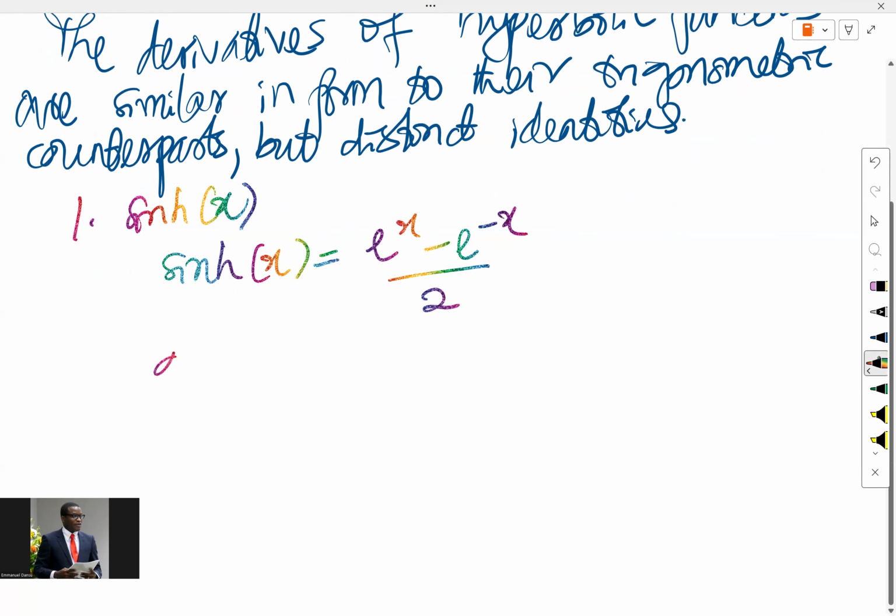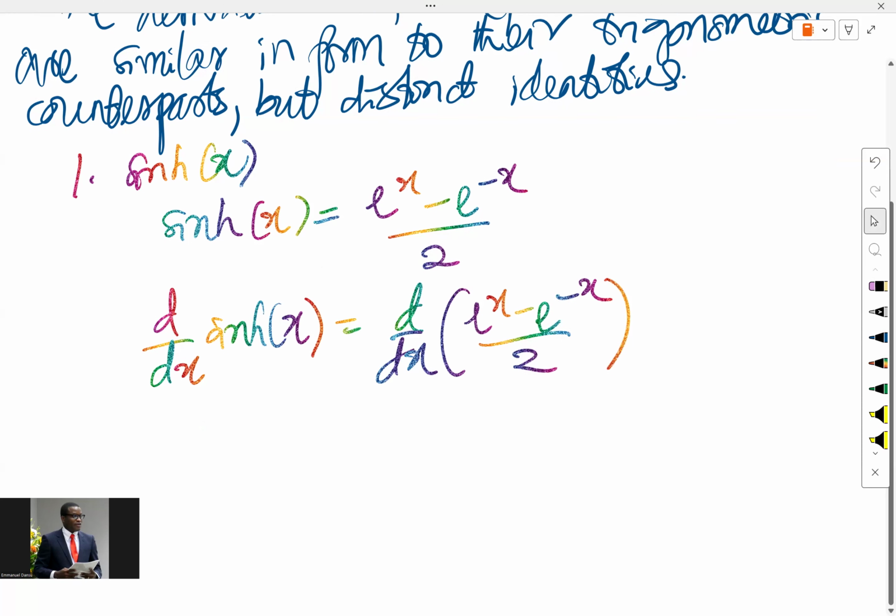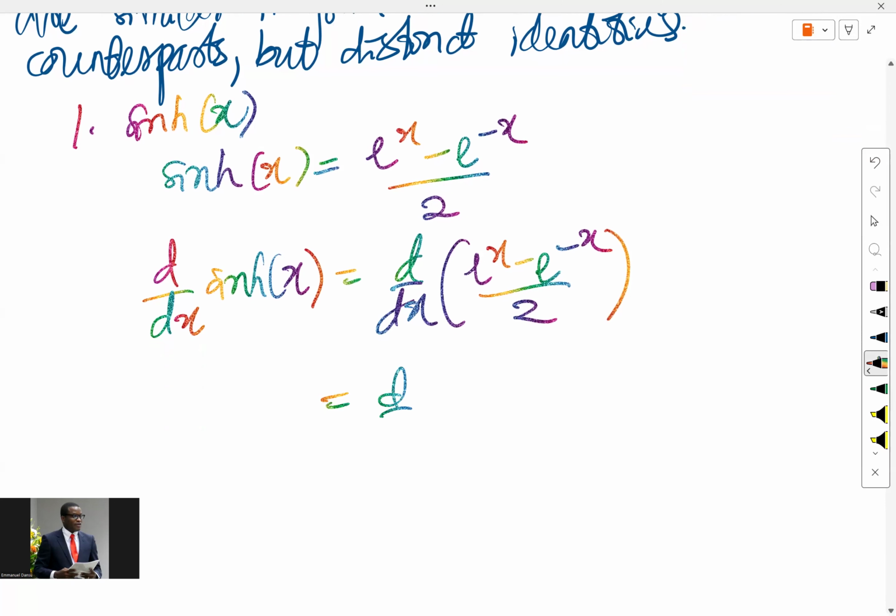So if you're going to differentiate this, you're saying d/dx of sinh x, and that is d/dx of e^x minus e^(-x), all divided by 2. So that means we have d/dx of half e^x, we can split it apart, minus 1 over 2 e^(-x).